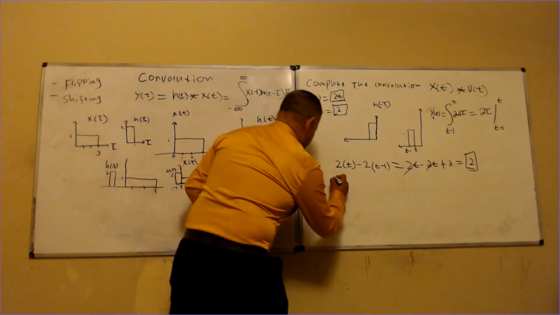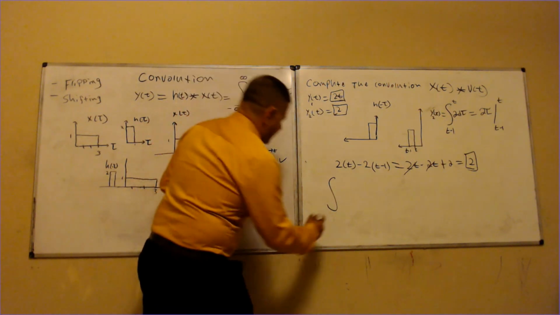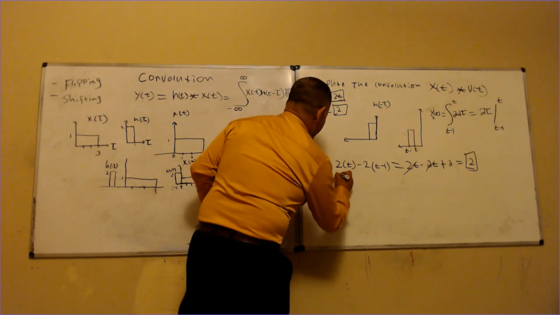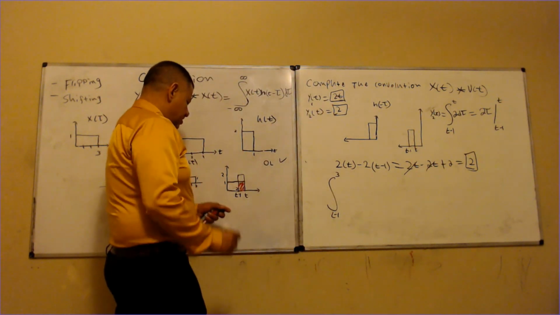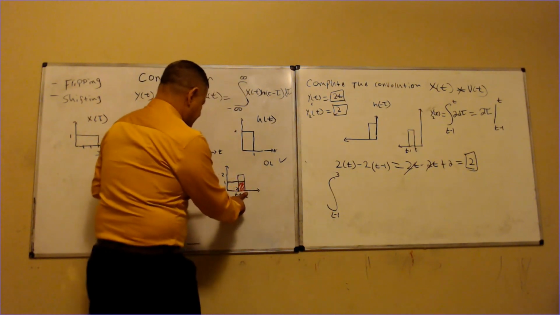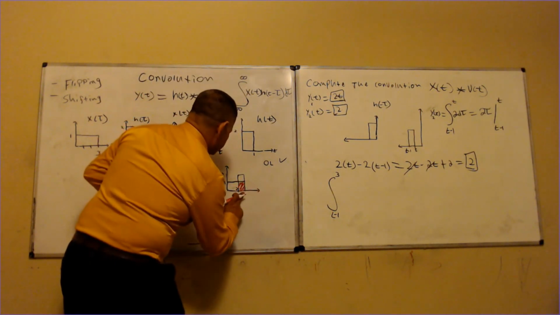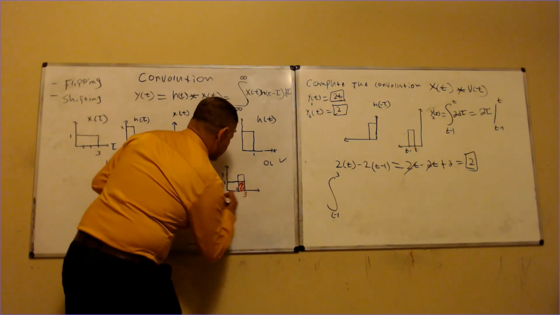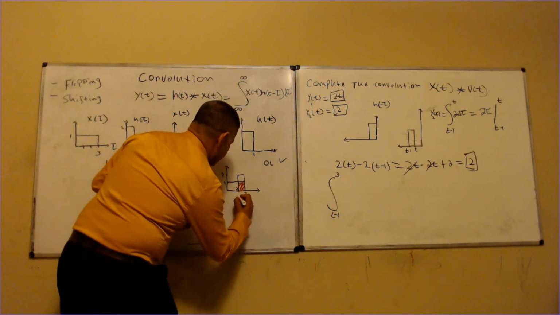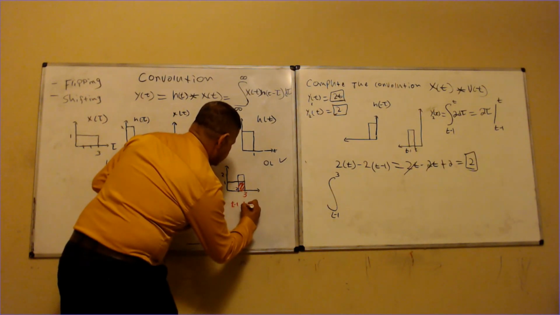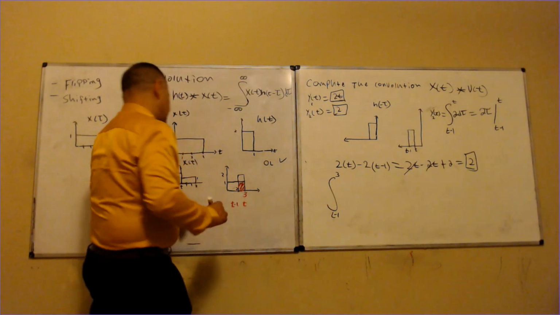But over here the interval is going to be from t minus 1 to 3, because in this case this is the highest point. This is 3. And at this point I'm going to put here t minus 1, and this is t.